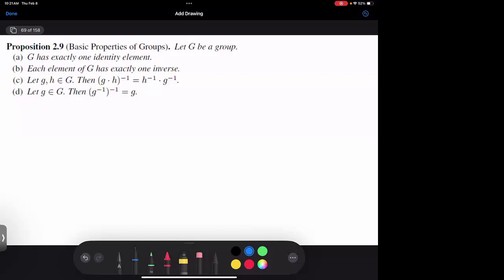So if they said your GH is invertible, and there's a nice formula for its inverse, then that would be a little bit harder because I'm not telling you what to prove. But here you're being told what to prove. So let's prove C. So proof of C. So let's look at H inverse G inverse times GH, and GH times H inverse G inverse.